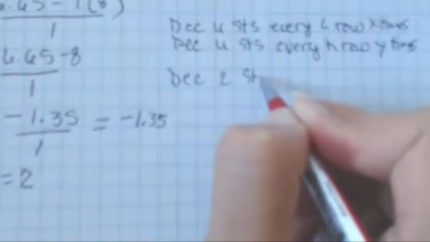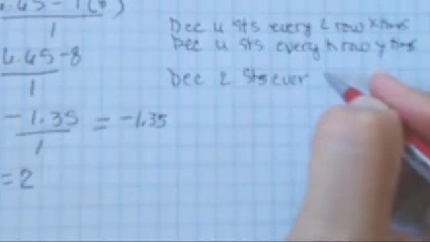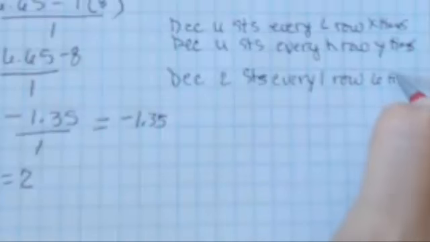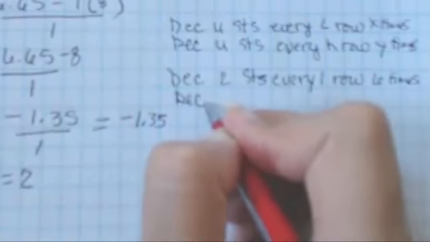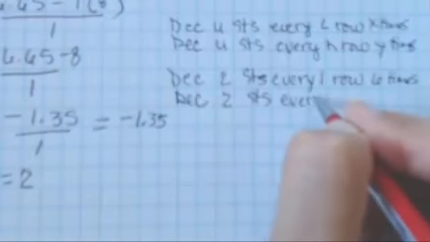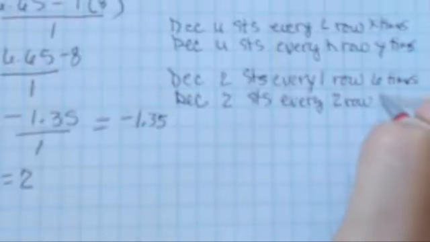Decrease 2 stitches every L row, every row, 6 times, then decrease 2 stitches every 2 rows, y equals 2, our higher rate, 2 rows 2 times. Okay, let's do our math check.